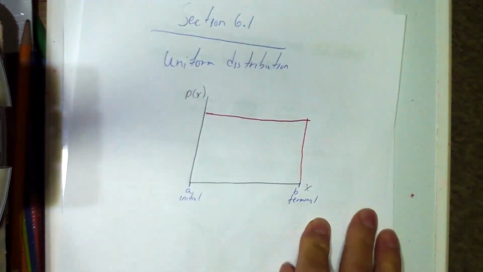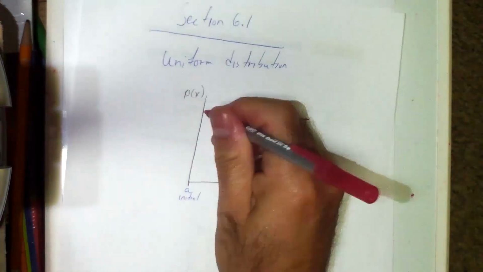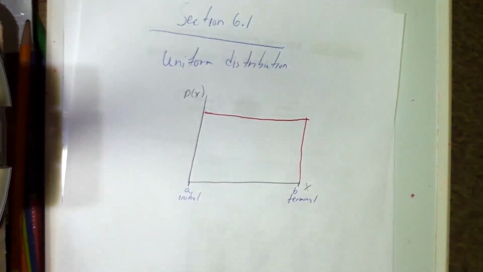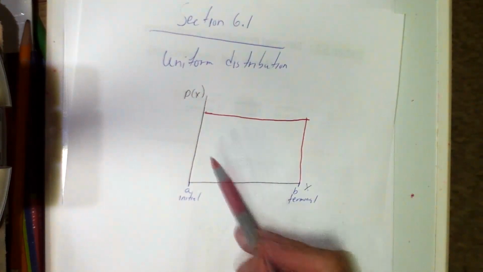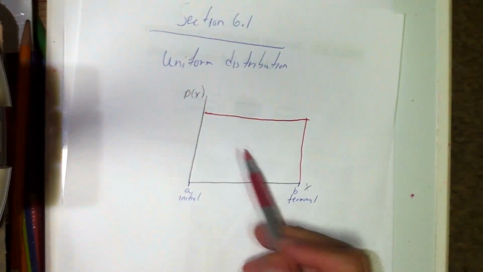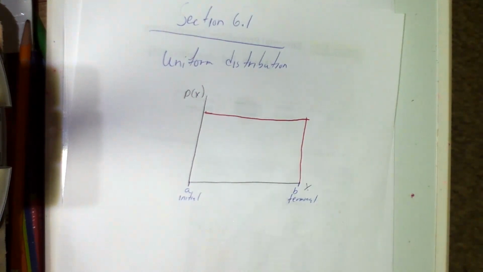It's rectangular. The graph is supposed to be a rectangle, but it's crooked. Anyways, it's supposed to be a rectangle. So our goal is to figure out the area. Area is how much inside is covered up. That's our goal when we find probabilities with the uniform distribution.